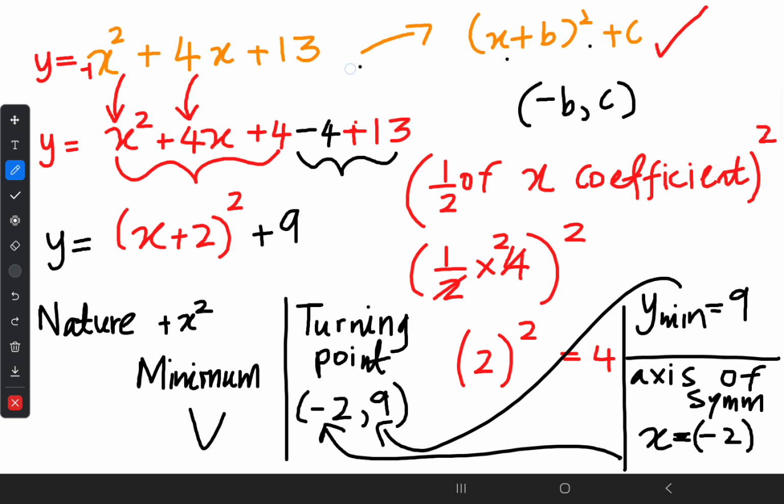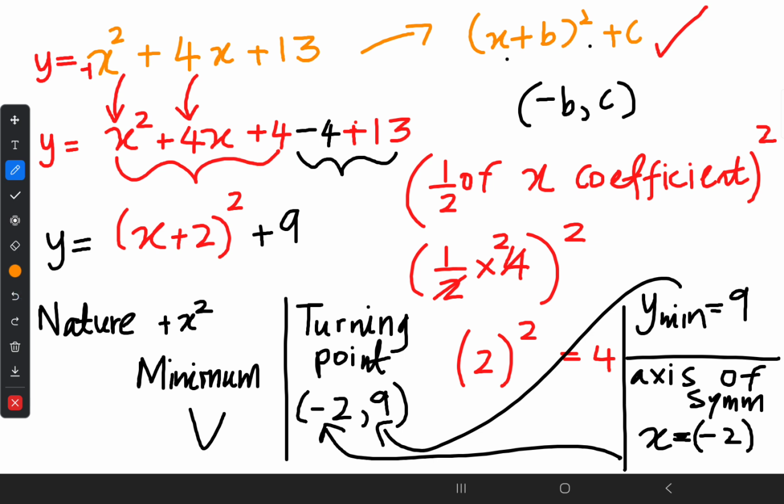So this is the way a normally given function should be converted to a square and another constant, and by looking at that we can determine nature, turning point coordinates, y minimum or maximum, and axis of symmetry from here. The addition of this one is really important.